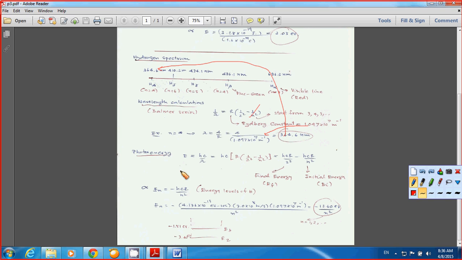Simply use this equation, E equals hc over lambda, when your lambda is equal to this one here, and you can separate the terms to be your final energy and initial energy, En equal to negative hcR over n squared. This is the initial energy of our hydrogen atom.